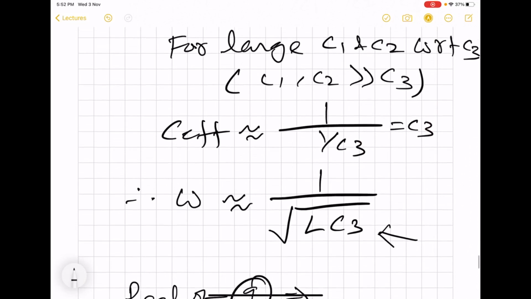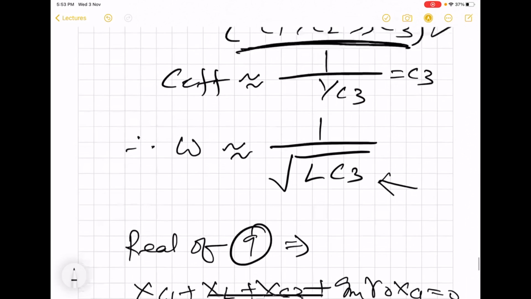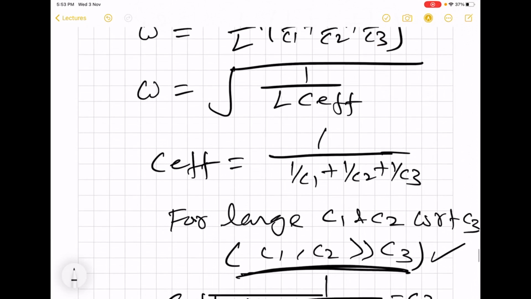But of course, we will have to maintain this condition. Even in absence of this, we will have a degree of freedom in deciding the oscillation frequency by changing C3, and gm R0 will remain totally unaffected, even when this condition is not fulfilled. So this is the advantage of the Clapp oscillator, that it can be used to create a tunable oscillator.